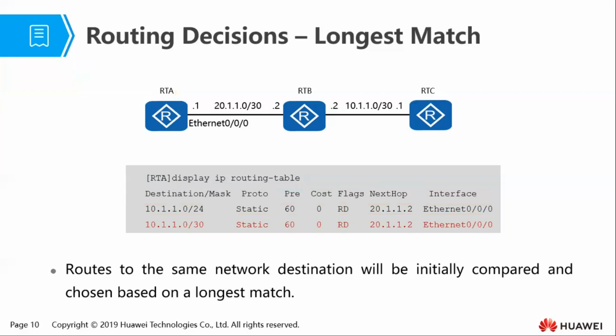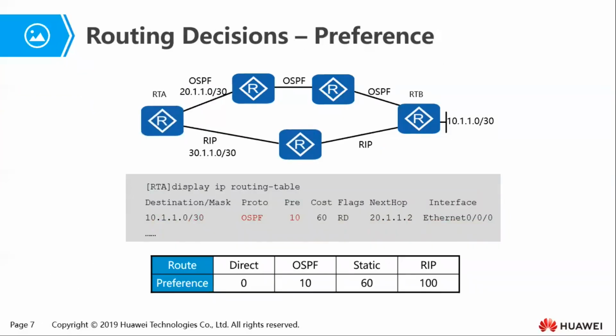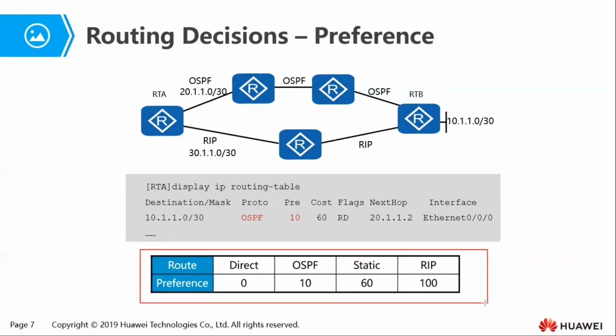Now let's go to the preference. Let's begin with the number of ways in which you can learn about a route. You can learn a route through what we call a direct route, that is, if you are directly connected to that particular network.